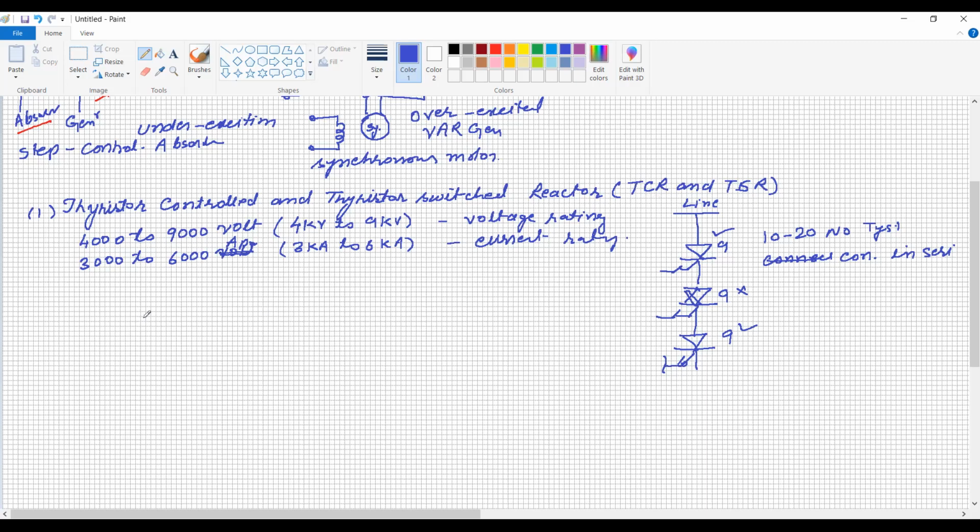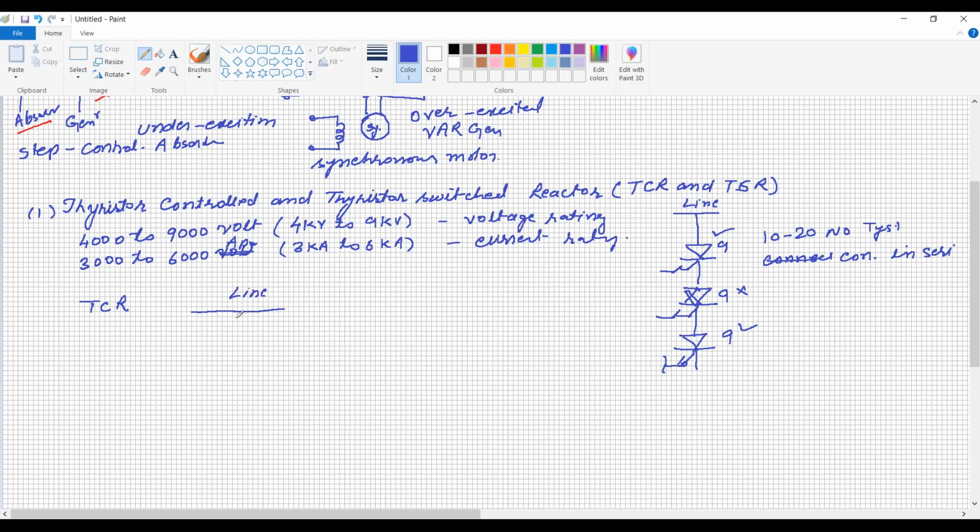Now we will have a look at the TCR, thyristor control reactor. So in the thyristor control reactor, what would be the diagram? As we are using shunt compensation, whatever inductor or capacitor we use should be connected in parallel. So this is the line.